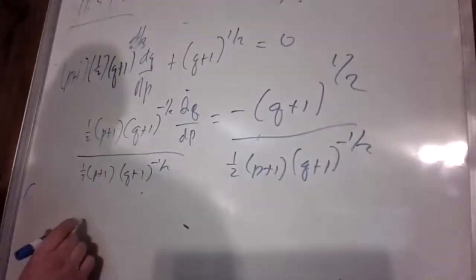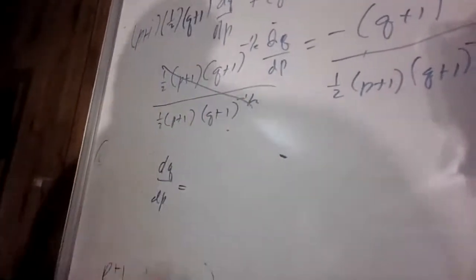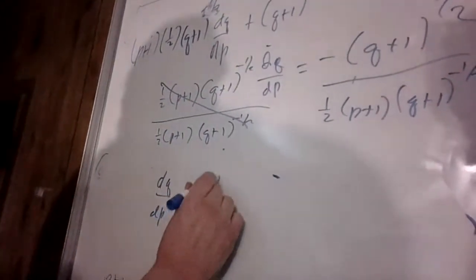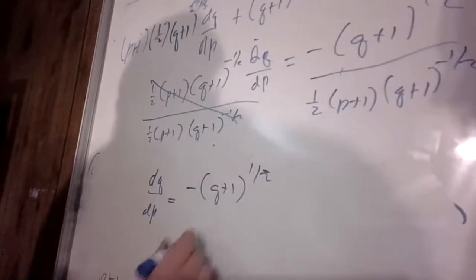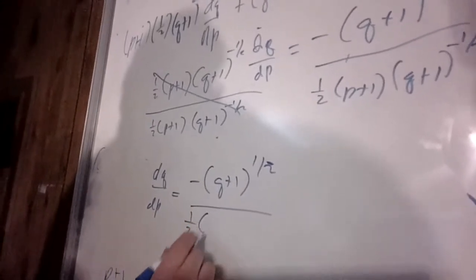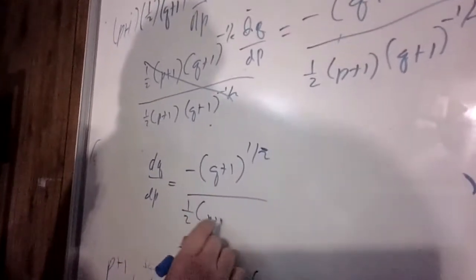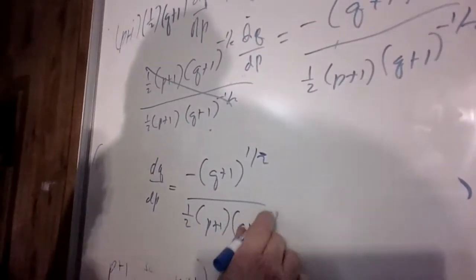And now dq dp, this cancels. Minus Q plus 1 to the 1/2 over 1/2 P plus 1, Q plus 1 to the minus 1/2.